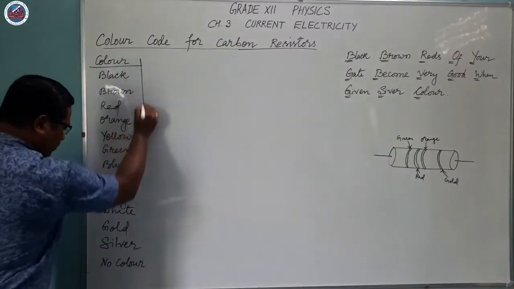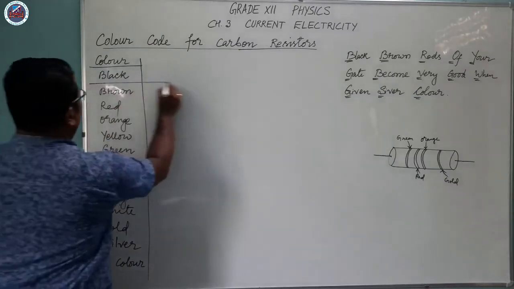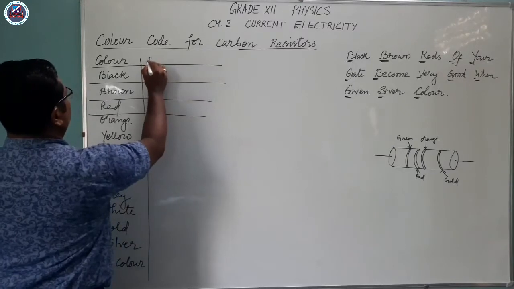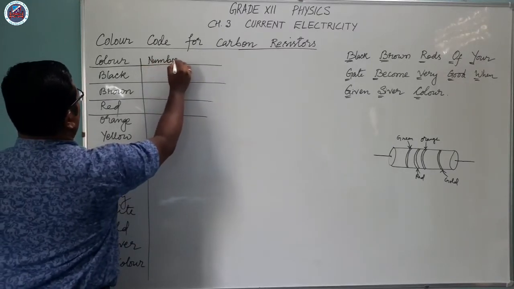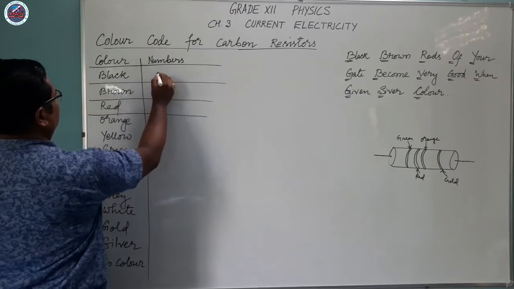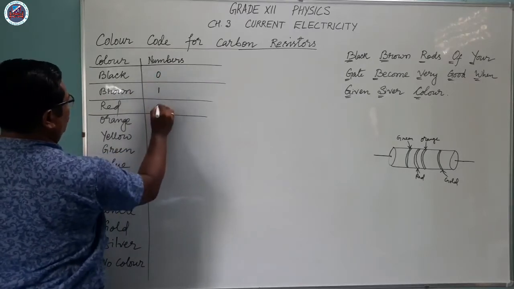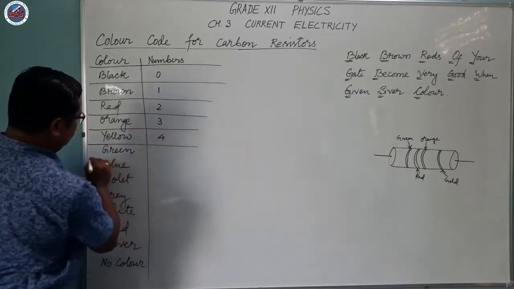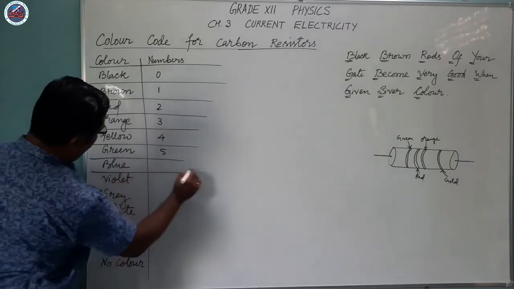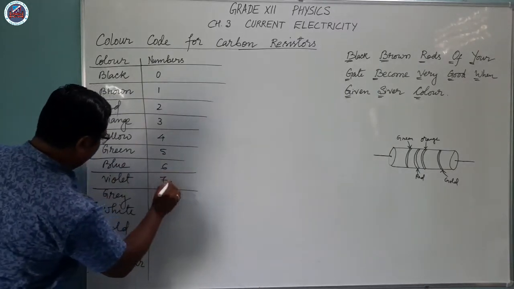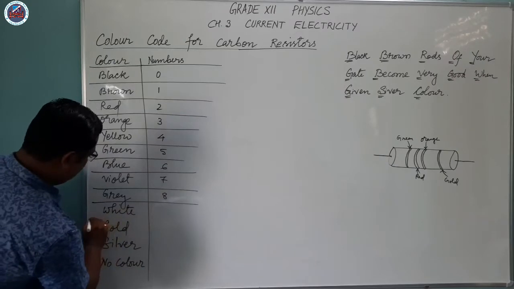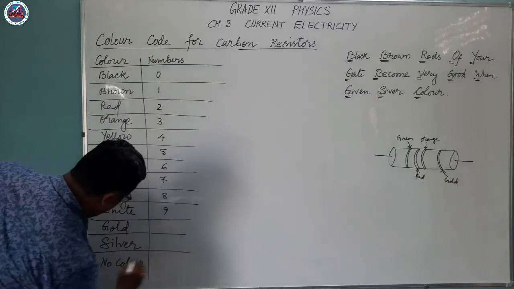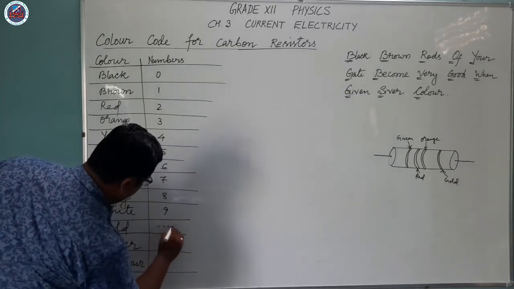So the next column, I write down the numbers or the digits that we use for black. 0, it starts from 0, 1, 2, orange 3, yellow 4, green 5, blue 6, violet 7, gray 8, white 9, then gold, silver and no color does not have any digits.